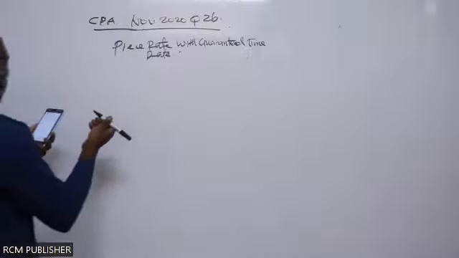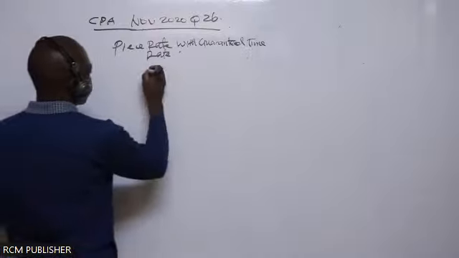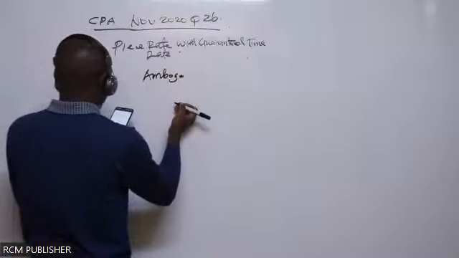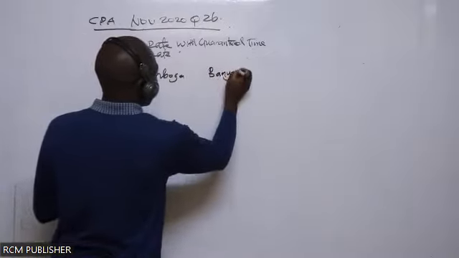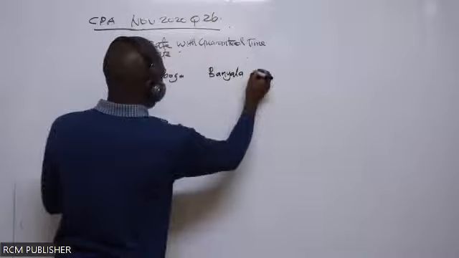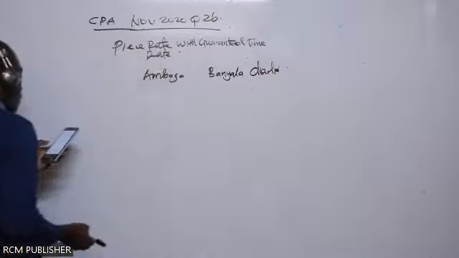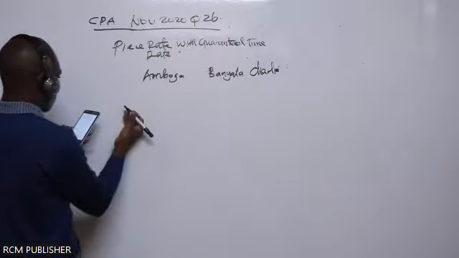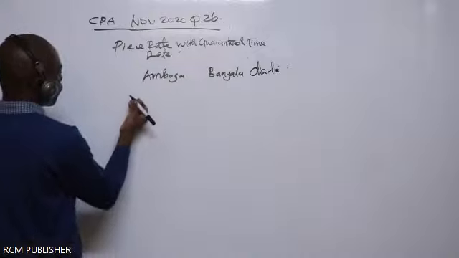So let's look at these 3 people here. We have Ambogaa, we have Banyala, and then we have Charlie. So are we able to get the number of units produced?